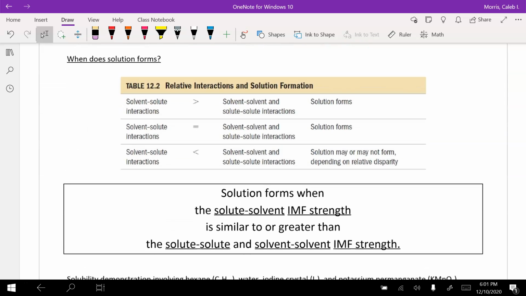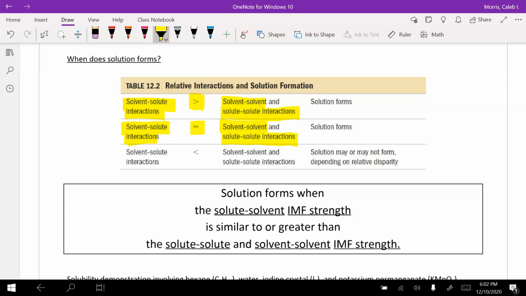So when does the solution form? It forms when the relative interactions and solution formation, so that's what this table is about, it is going to form when the solvent and solute interactions are greater than or equal to the solvent and solute interactions.